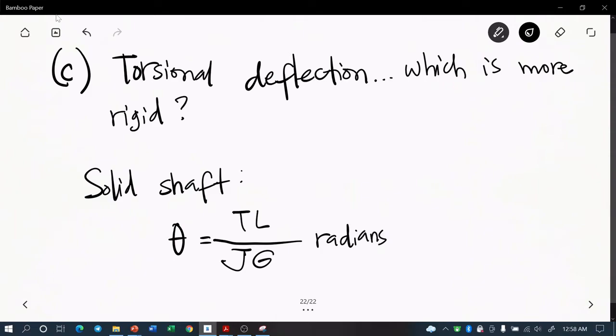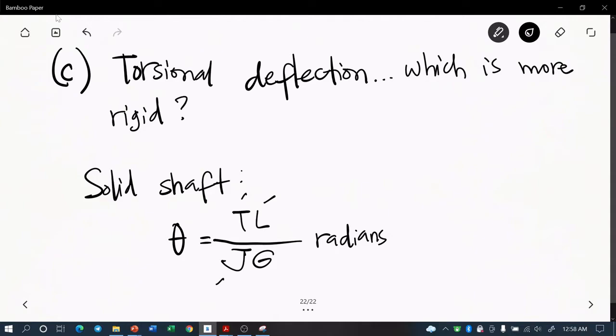Okay, so this torque could be in inch-pounds or inch-kips. The length could be in feet or inches. The centroidal polar moment of inertia can be solved using those expressions that we have just used in requirements A and B, and the modulus of rigidity is a constant for a type of material.